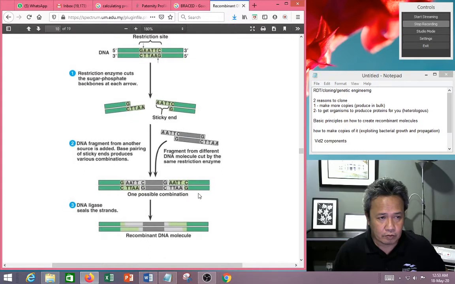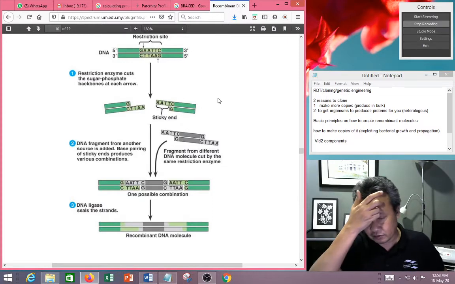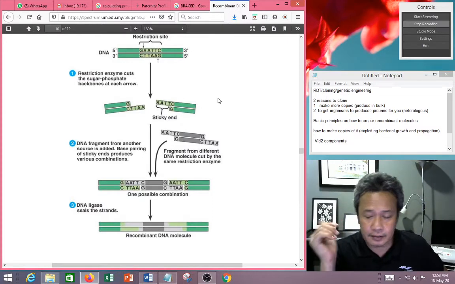Alright, okay. So now, this is an example. Look at this site, GAATTC. Now, how does it cut? It produces two or three types of cutting ends.